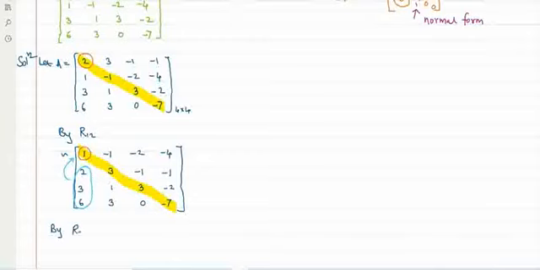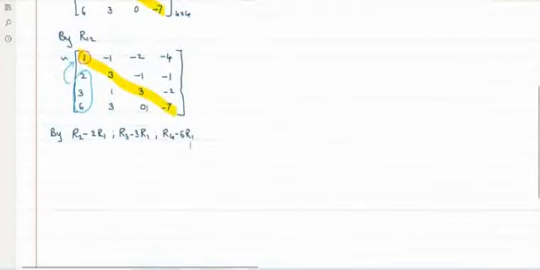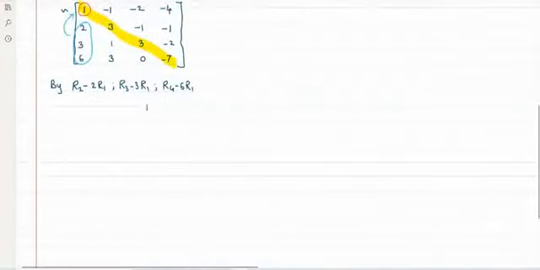R2 I will change as R2 minus 2 times R1: multiply the first row by 2, and that resultant you have to subtract from R2. In the same manner, R3 minus 3R1, and R4 minus 6R1. In this case, R1 is the pivot row or the key row, so that row you have to use to reduce the elements to 0.